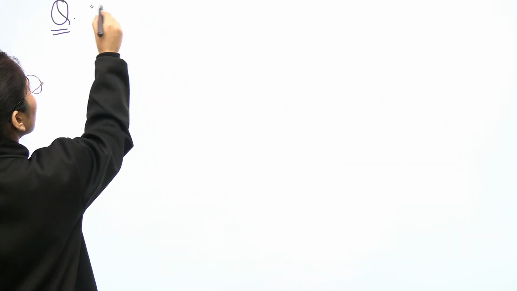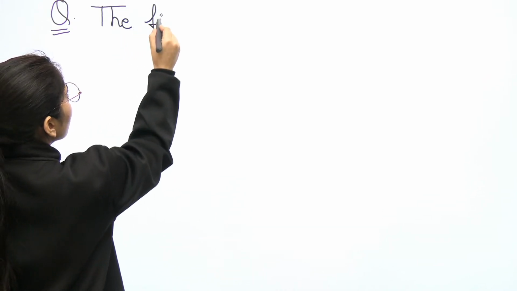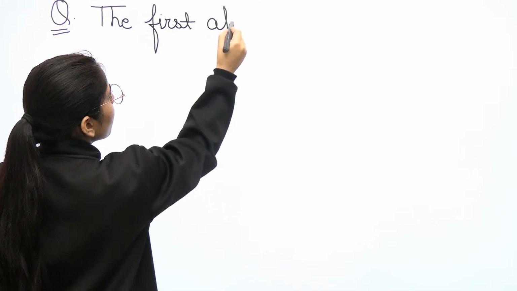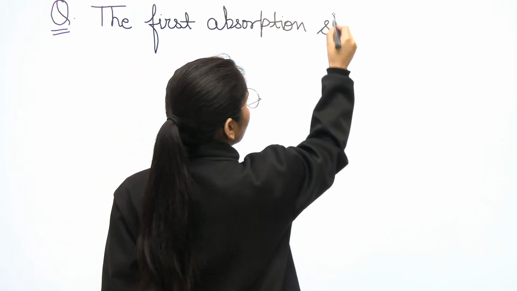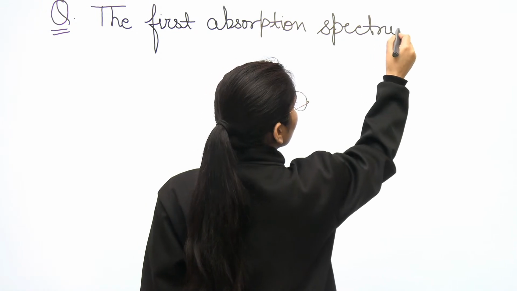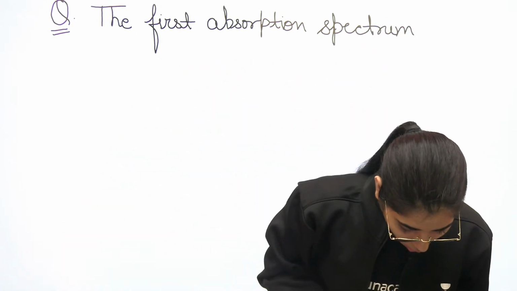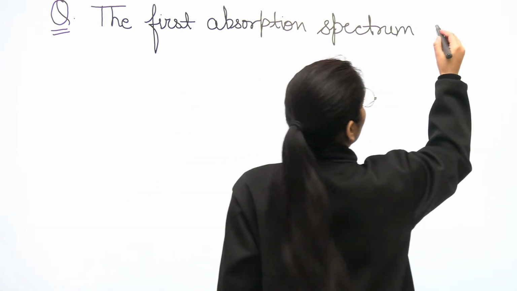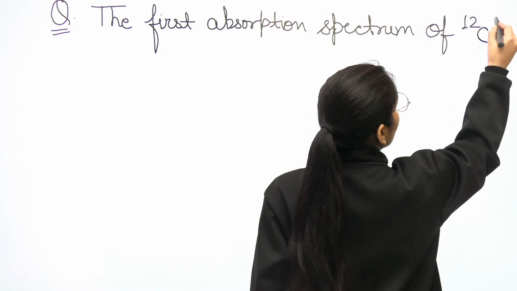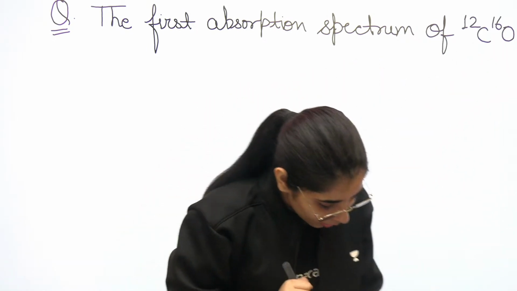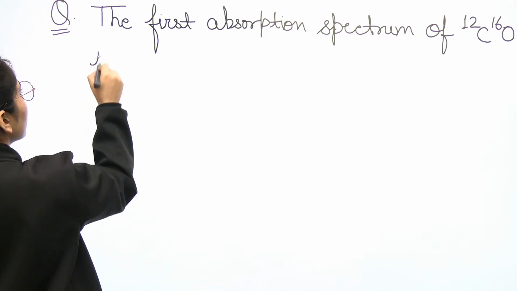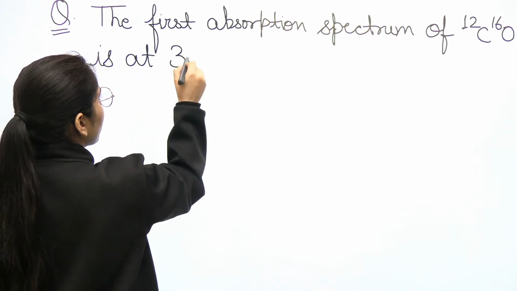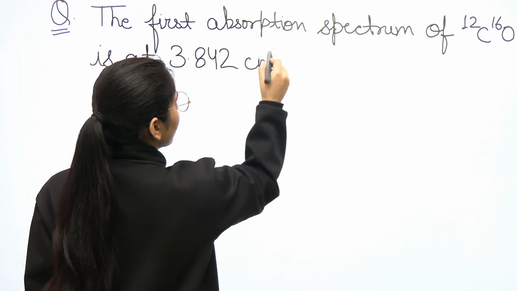The first absorption spectrum of 12C16O is at 3.842 centimeter inverse.